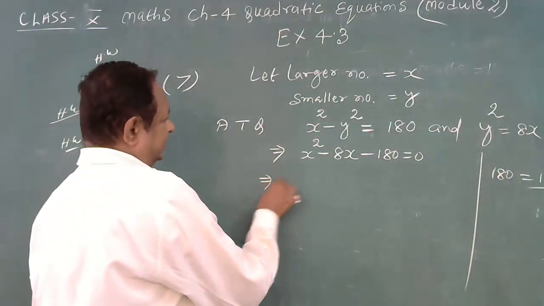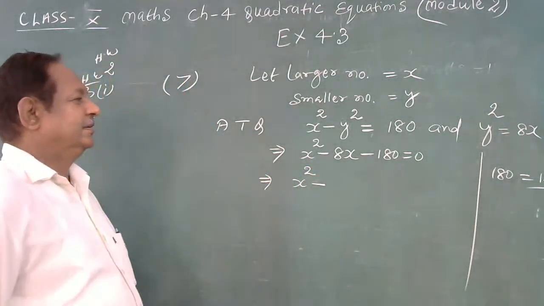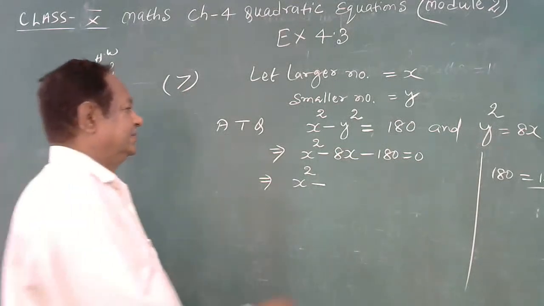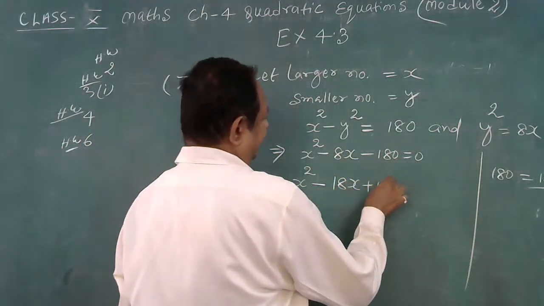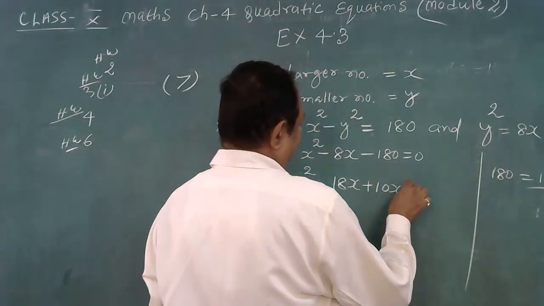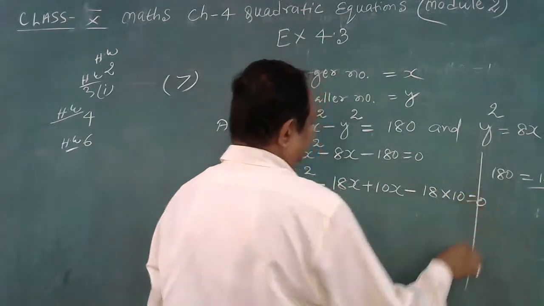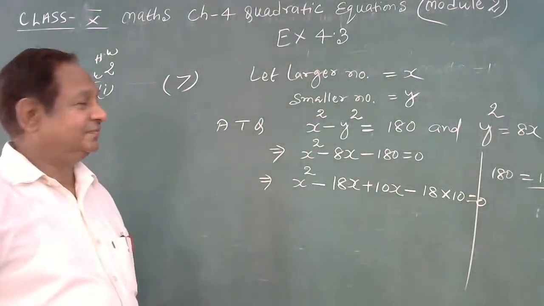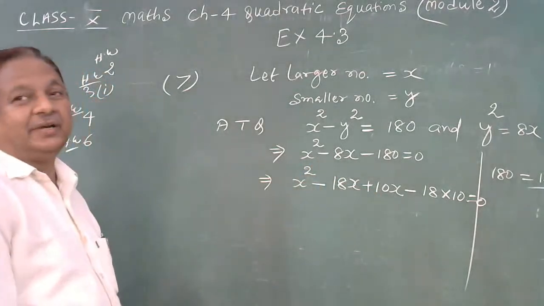So this implies that x square minus, in place of 8x, 18x plus 10x, minus 18 into 10. 10 minus 18, that is minus 8.